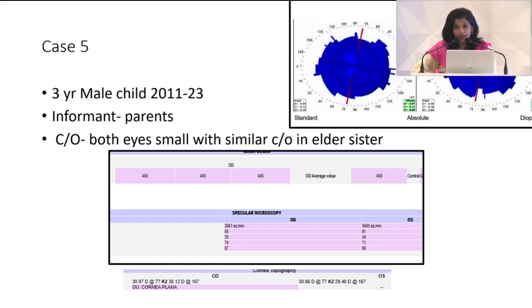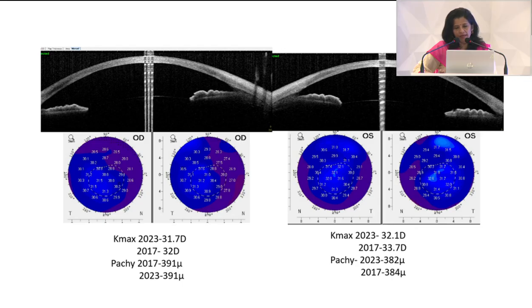It's a very clear cornea, so much so that you are able to image the specular microscopy. So always go ahead and take the specular microscopy when possible. You will find that the number doesn't vary much, but the coefficient of variation may be higher. Again, between 2017 and 2023, you will see the stability in the Kmax and pachymetry.